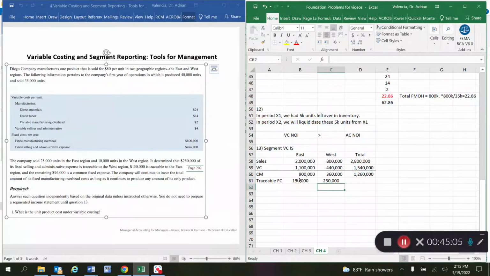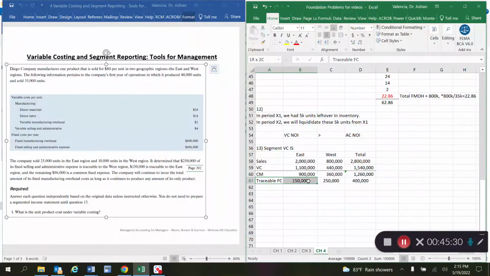Now, be careful. We still have 96,000 to account for, but we'll do that for the total column in a minute, okay? So I'm going to sum this up and say, okay, so far I've accounted for 400,000 of the fixed cost, but I still have 96 to account for.